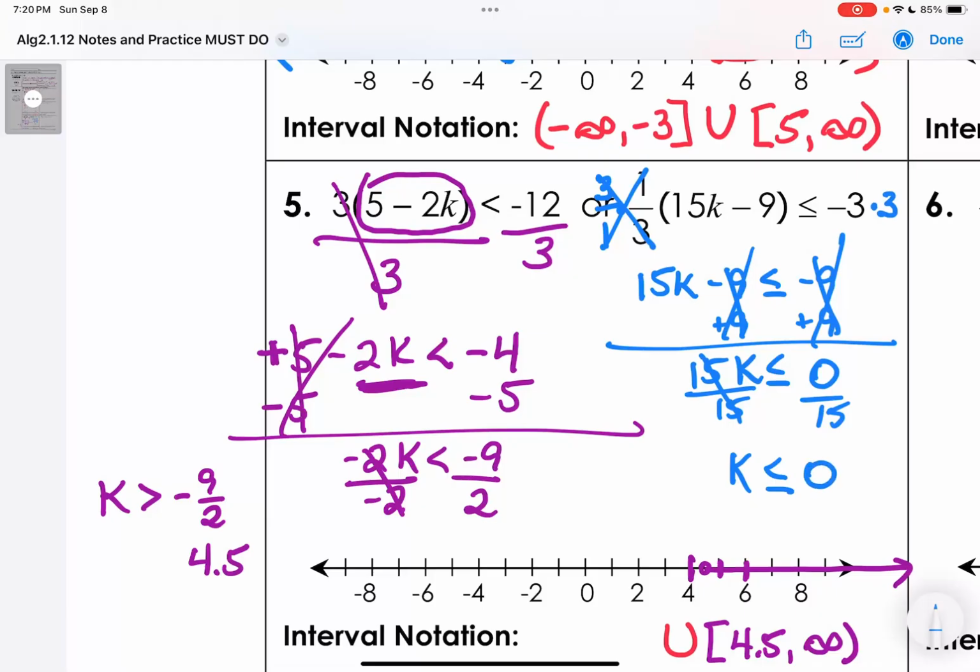So that's going to be this side. We've got negative infinity here and 0, and that ends up with a bracket because it is or equal to. You know what?